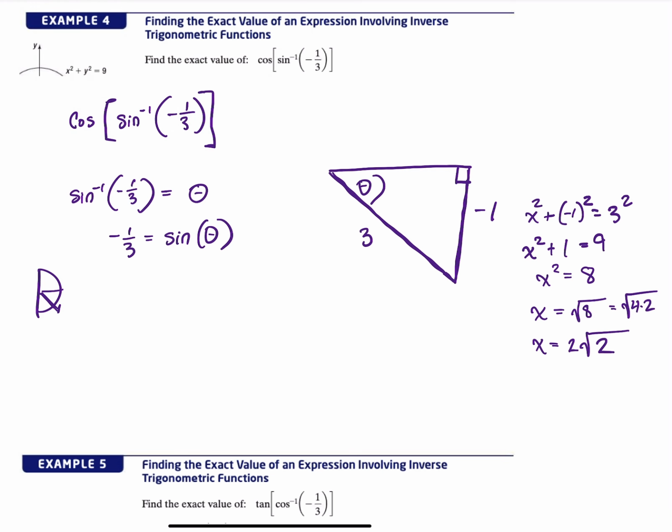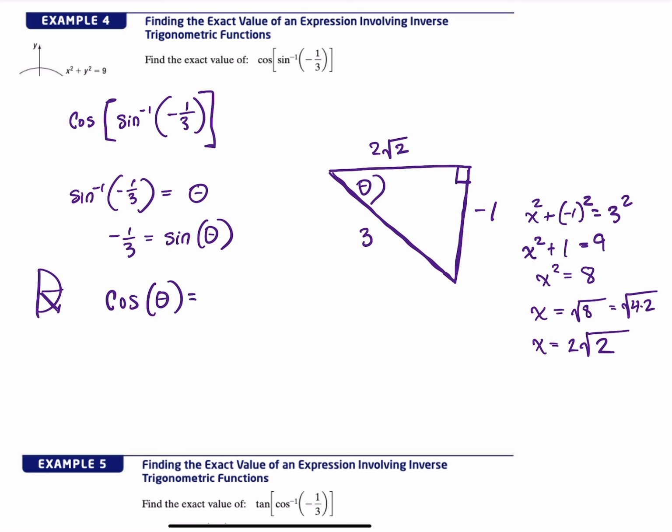Let's relabel it. So we have our triangle. We said what was inside was equal to theta, so we can re-express this as just asking for the cosine of theta. Theta is here in this triangle.